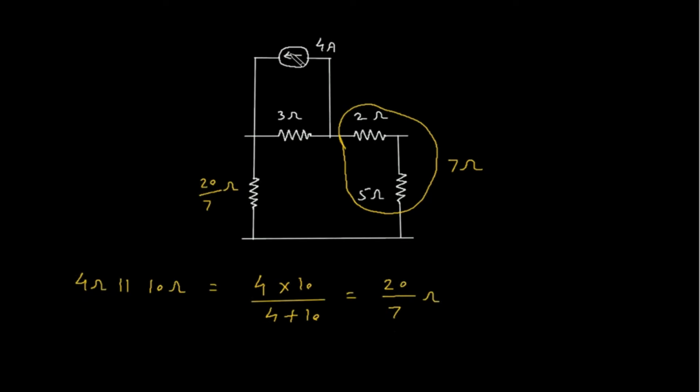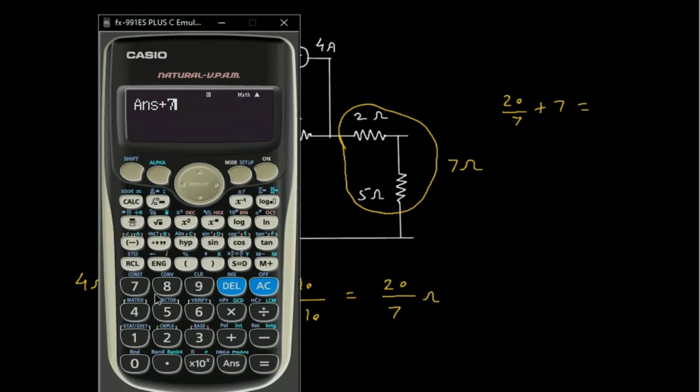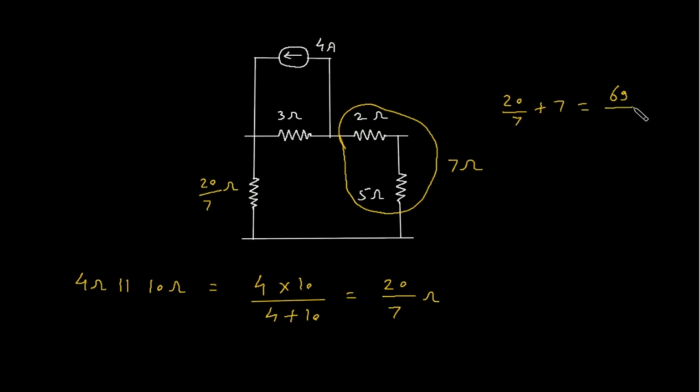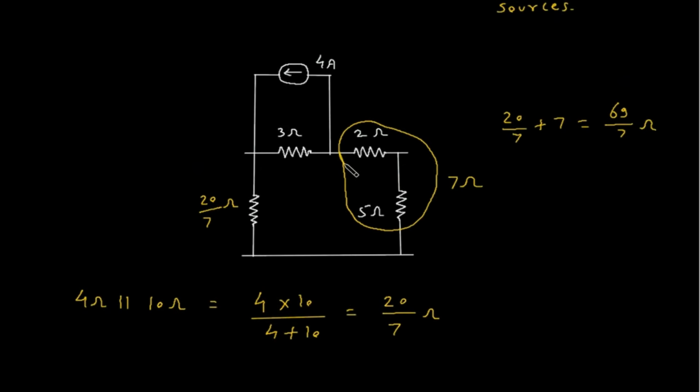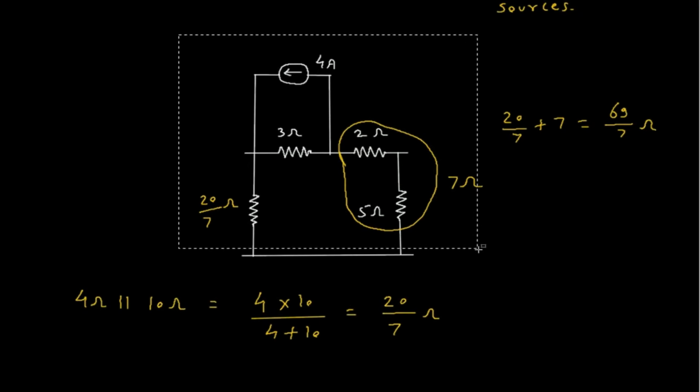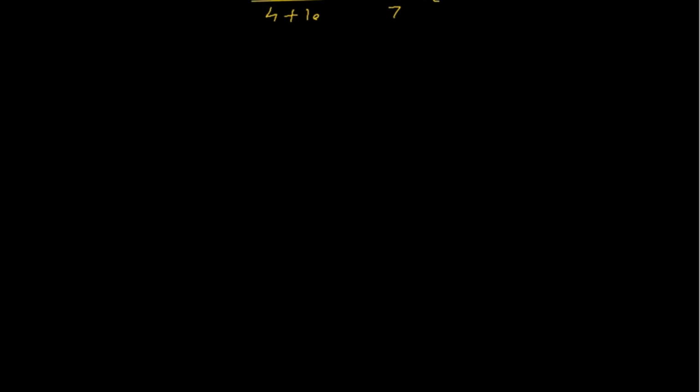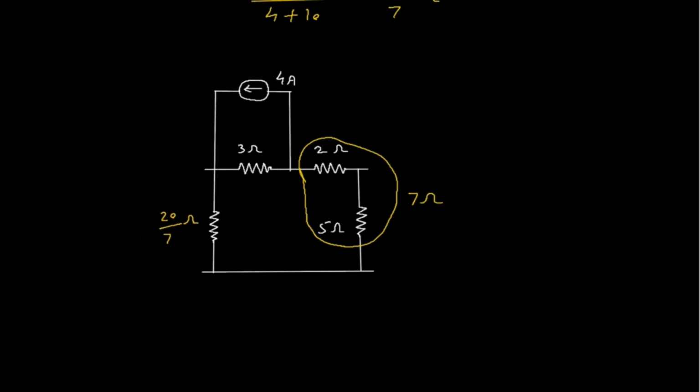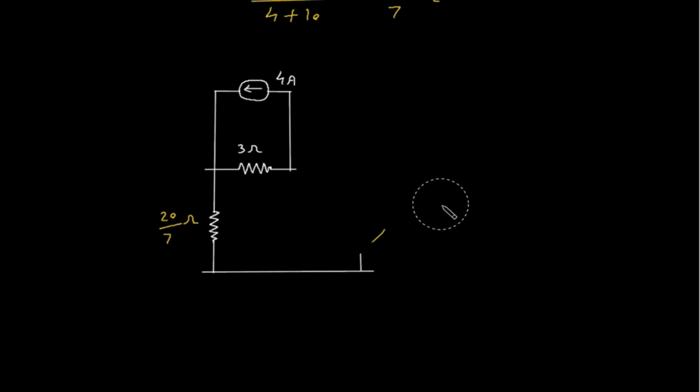So 20 by 7 plus 7 is equal to 69 by 7 ohm. So this whole will be like 69 by 7 ohm.